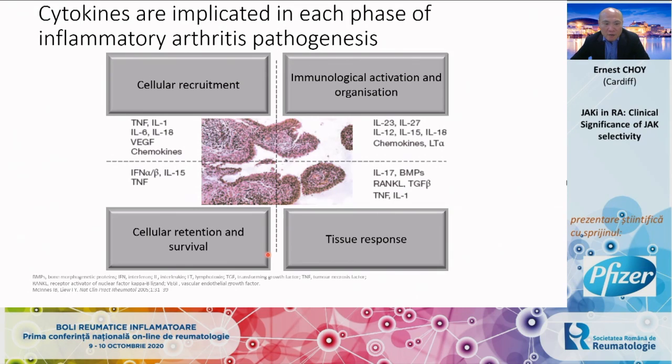And one reason for the heterogeneity in response probably results from the fact that a monoclonal antibody tends to target a single cytokine. So with only targeting a single cytokine, it is unlikely that we can impact on every single stage of the disease, and that may be one reason why we are seeing heterogeneity in clinical response. Next slide, please.